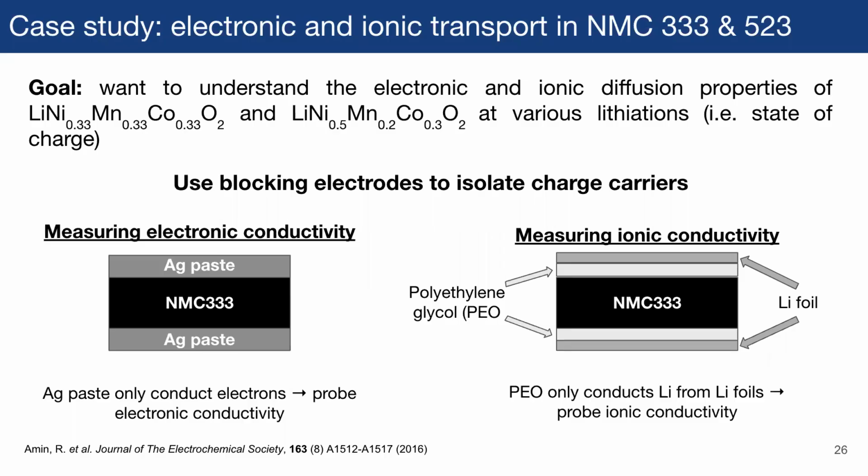And when you do that, you can usually see that your electronic conductivity is really orders of magnitude smaller than your ionic conductivity. And then you can basically assume that most of the conduction that you're actually observing in the impedance spectra is coming from your ionic contributions rather than your electronic contributions. But with respect to actually blocking, it's something I need to spend a little bit more time understanding.